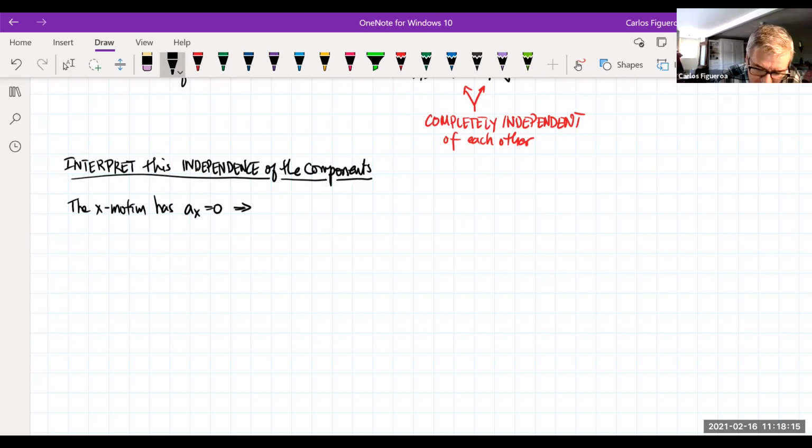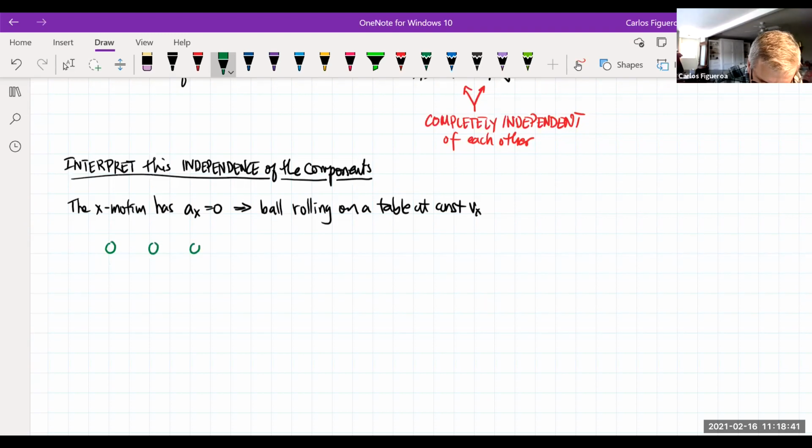So this implies here that if I had a ball rolling on a table at constant Vx speed. So when I think about this thing picture-wise, what do I mean by this? You could imagine that I have a ball, and the ball is doing this type of thing, right?